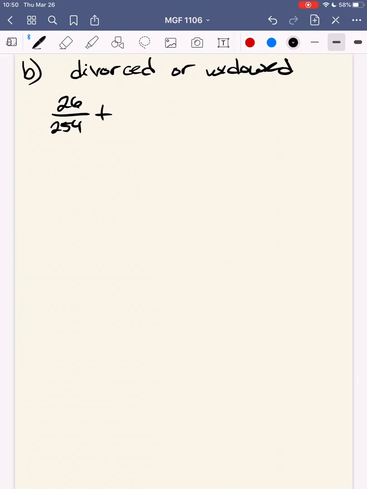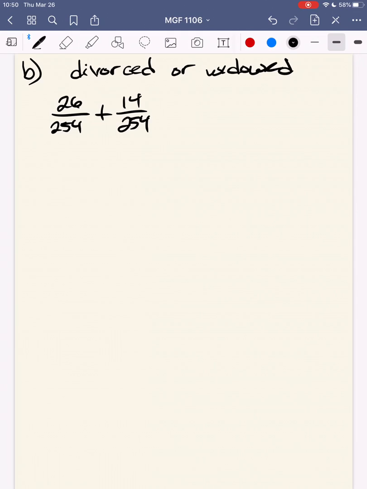If I look at part B, the person is divorced or widowed. The number of people that are divorced, if I go down the divorced column, is 26 over my 254. Widowed is 14 over 254. They didn't care about gender in this case. And are there people that are divorced and widowed?